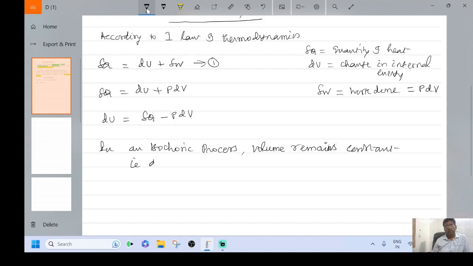That is, in an isochoric process, volume remains constant, dV equal to 0. Change in volume is equal to 0. Now dU equal to del Q.